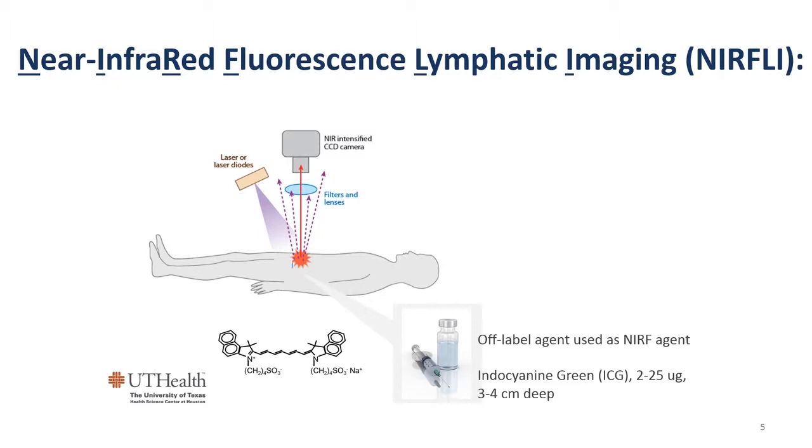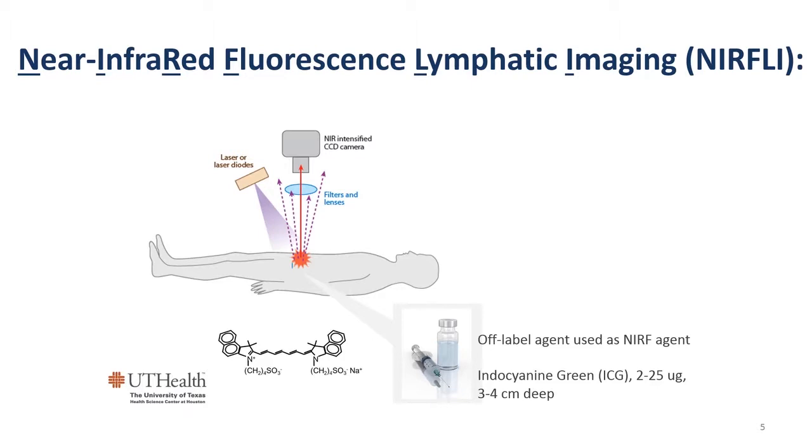We illuminate the tissues with dim near-infrared light. That light penetrates into tissues and excites the ICG located in the lymphatic vessels, which causes fluorescence. That fluorescence propagates to the tissue surface, and we have a camera system that we've developed so that we can collect that fluorescence and record it quickly, getting rapid images of the indocyanine green in the lymphatic vessels.